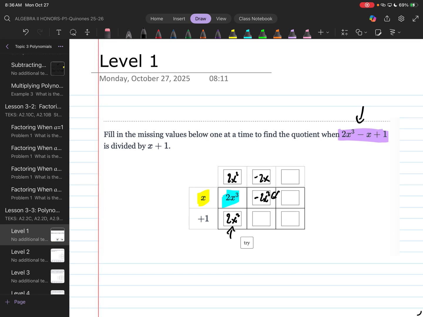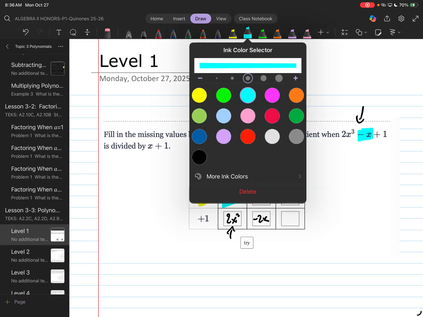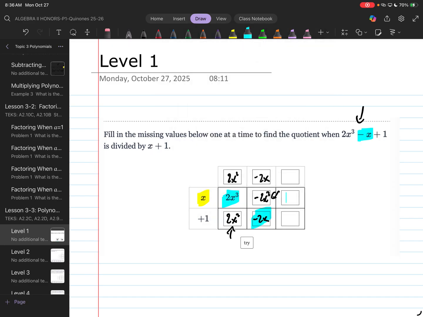Negative 2x times 1, well, that's just negative 2x. Okay? Looking at my answer, I do have an x term here. These need to add up. This one and this and whatever this is going to be needs to add up and give me negative x.